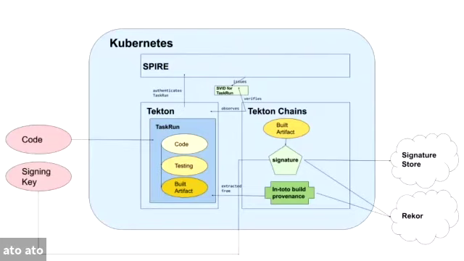That is an X509 containing metadata about the workload. Once the task run, which is an individual build stage, completes, it generates its provenance, which is Tekton chains there, creating signatures. Again, it's observing in rather than being in process, and then it emits to Recall and a signature store. But what happens if this is compromised?